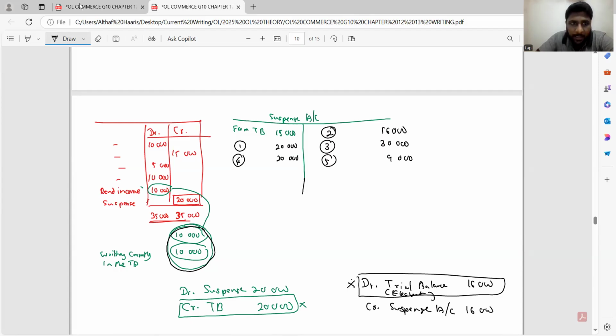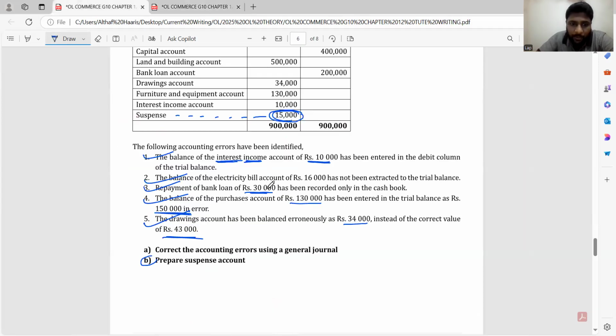No. Here, you see, read the question. The balance of purchase account 130,000 has been entered in the trial balance. Purchase account 130,000 is correct. Entered to the trial balance mistakenly.